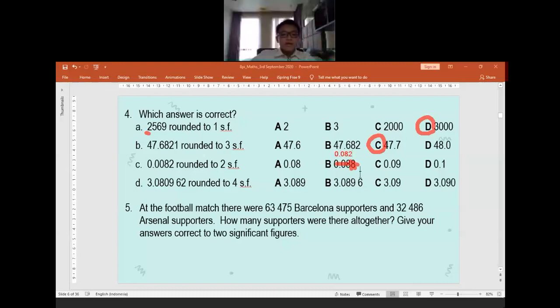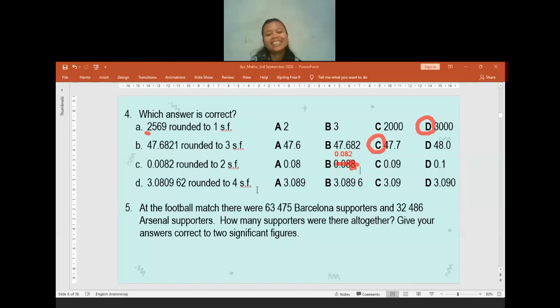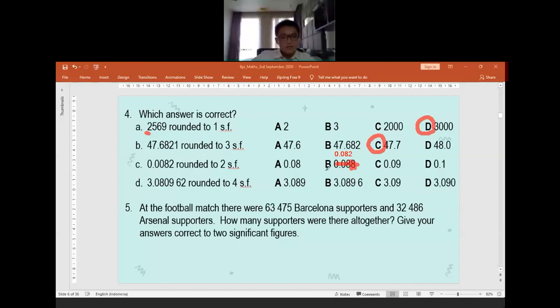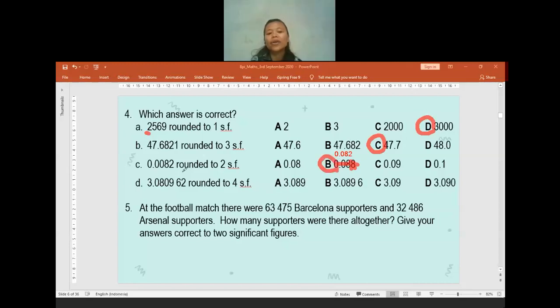So the correct answer is supposed to be B because this number is already given to two significant figures. So if we round off the number correct to two significant figures, the number will stay the same. Is there anyone having any question or still getting confused? Sorry for the typo.